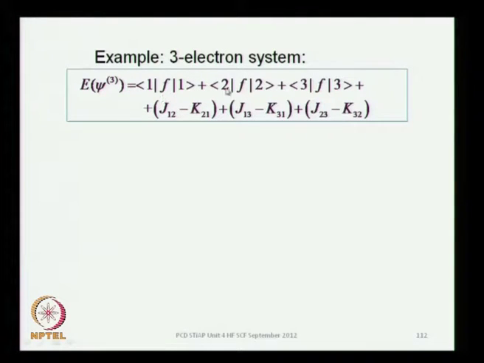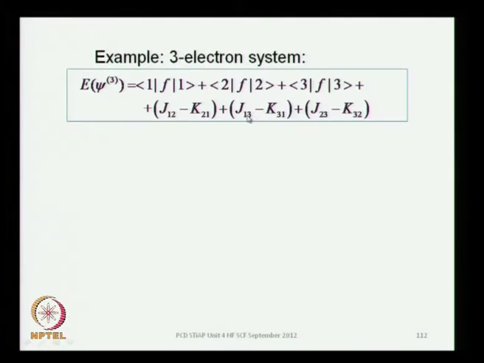There are these 1 electron integrals, which is the matrix element of the 1 electron operator in the states 1, 2 and 3, and then there will be pairs of terms, the Coulomb minus the exchange, between electron 1 and electron 2, electron 1 and electron 3, and electron 2 and electron 3. So, this is the total energy.